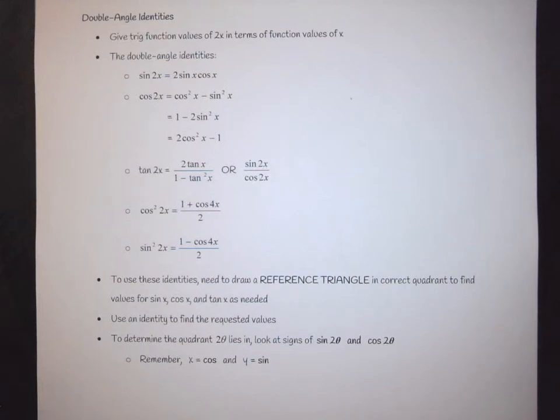So when you're working these problems, in order to solve them, you have to not only use the appropriate identity, but you have to draw your reference triangle and make sure that you are putting it in its proper quadrant in order to find your values for x and y, or as needed.